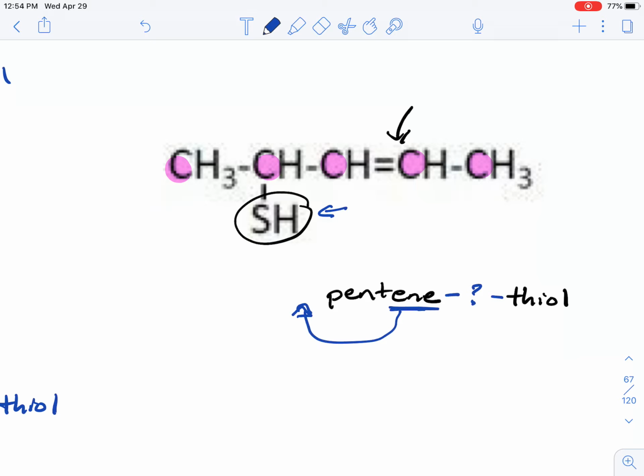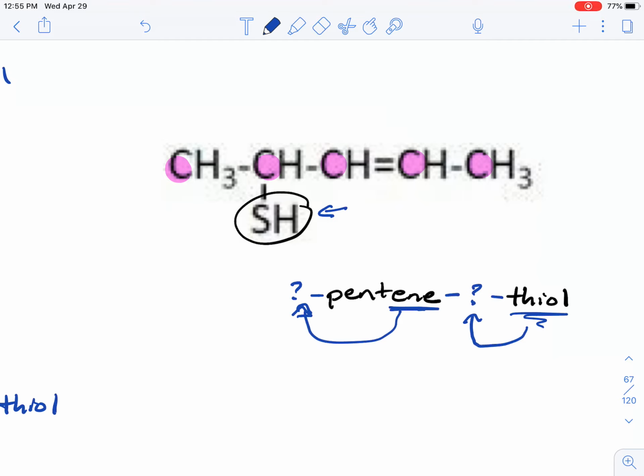And I'm going to put a question mark right in between them because I don't know my carbon number just yet. And so the main point that I'm trying to convey is that the carbon number to describe the position of where that sulfhydryl group is found is going to be between pentene and thiol. And so to fill in these question marks, so to speak, we need to figure out our numbering system for this organic compound.